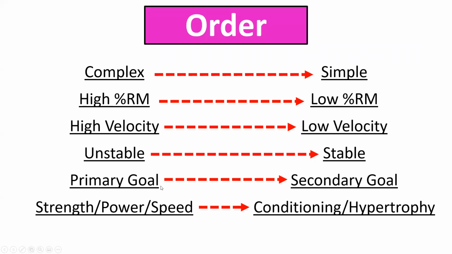You want to do your split squats before you do your seated hamstring curls, things like that, things that are unstable to stable. Primary goal, what matters most, to your secondary goal. So maybe it's speed and then strength. So speed comes first, strength comes later. This is our basic exercise order within a training session.